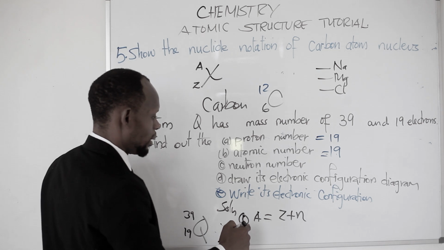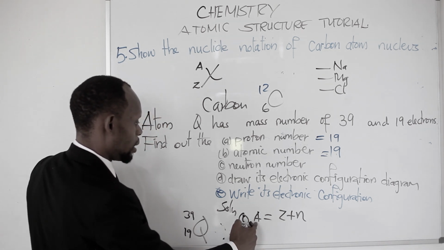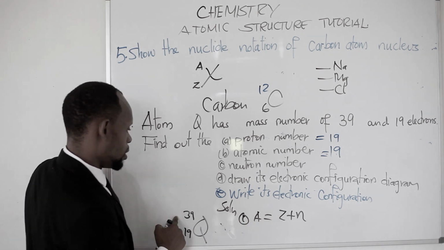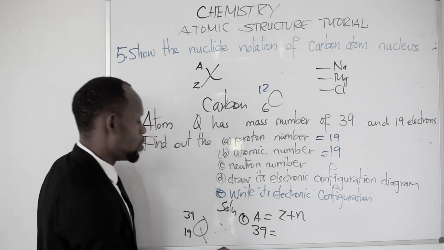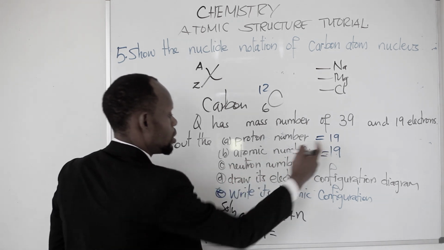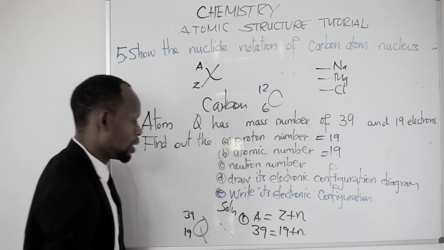So, by plugging in the given data, what is A? A is 39. So here 39 equals Z, which is the atomic number. We have already got it. That is 19 plus N. You see?